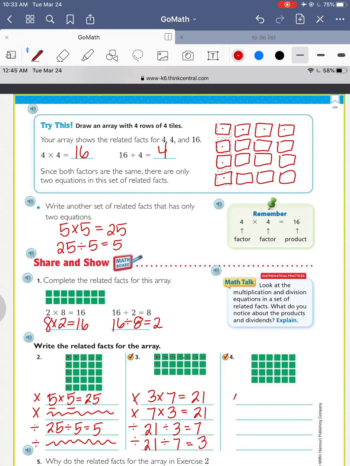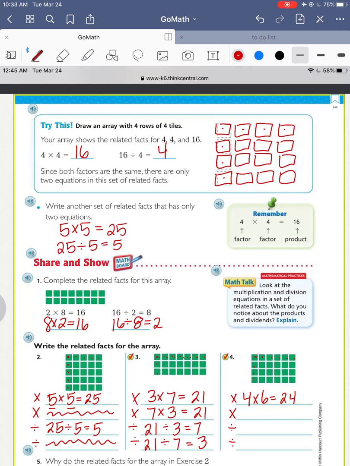And then the last one, multiplication, multiplication, division, and division. You don't have to write those in the front if you don't need them, but I think it helps remember that you need 2 of each. So you need, how many rows are there? 1, 2, 3, 4 rows times 1, 2, 3, 4, 5, 6, which is 24.